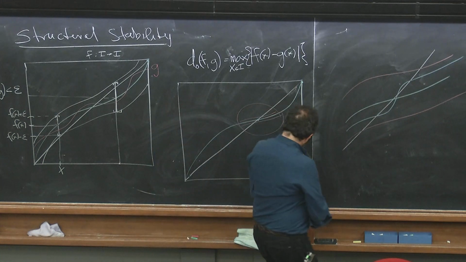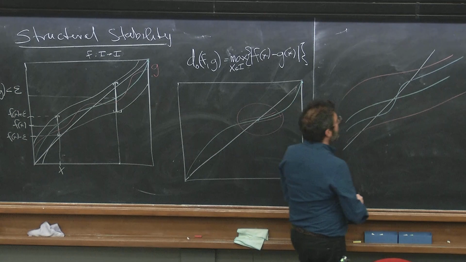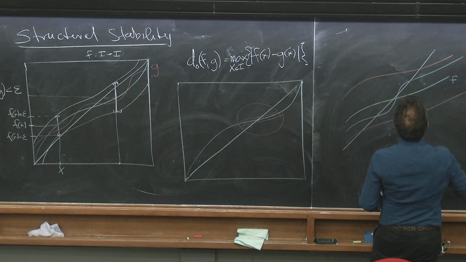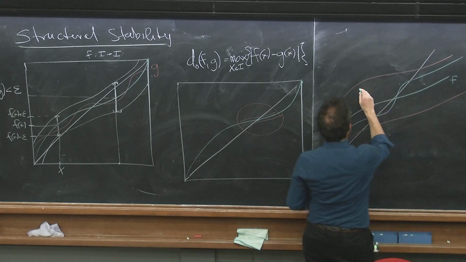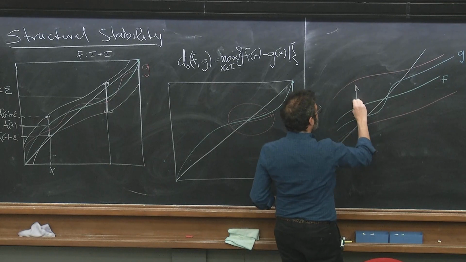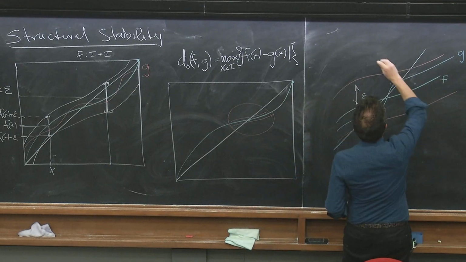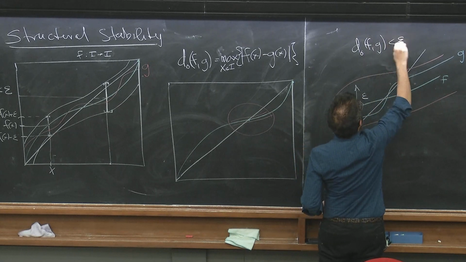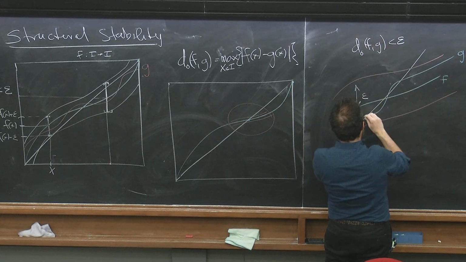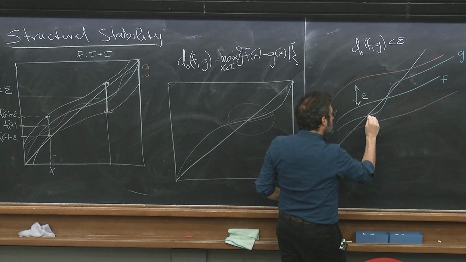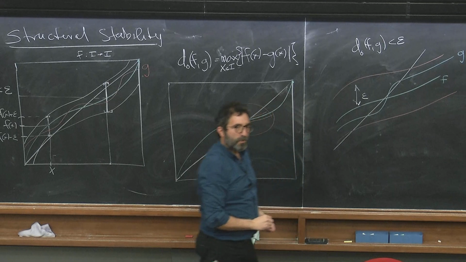So if this distance here is epsilon, then the C0 distance between F and G is less than epsilon because the distance at every point between F and G is less than epsilon, but I can easily construct more fixed points.